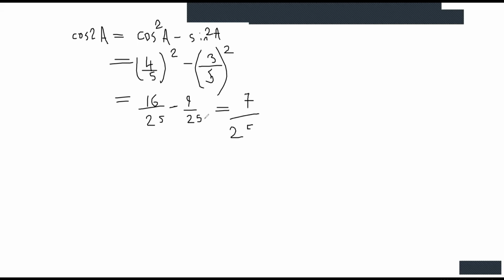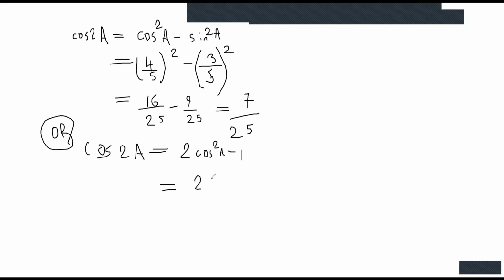Now, guys, just to verify that the answer is right, look at this. Another way you could do it was to use the next formula. What's the next formula? 2 cos squared A minus 1. So we know cos A is 4 over 5, so it's going to be 2 times 4 over 5 squared minus 1.